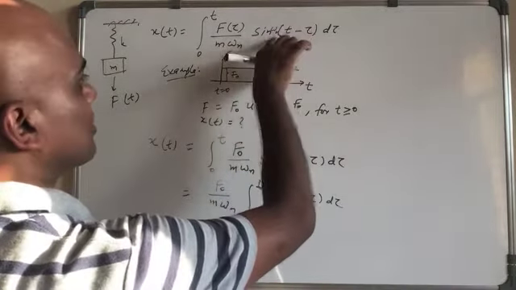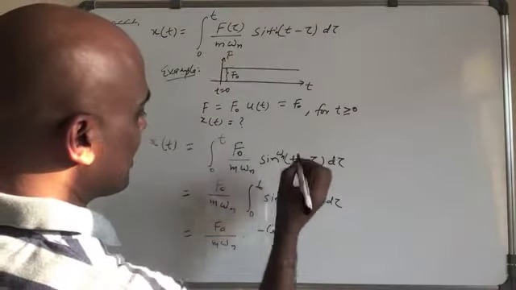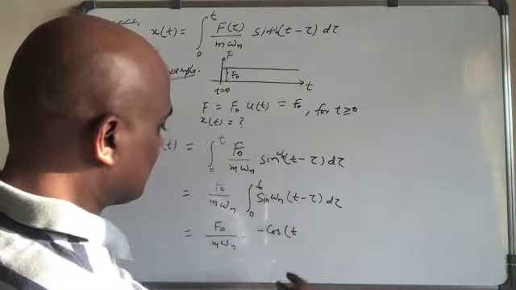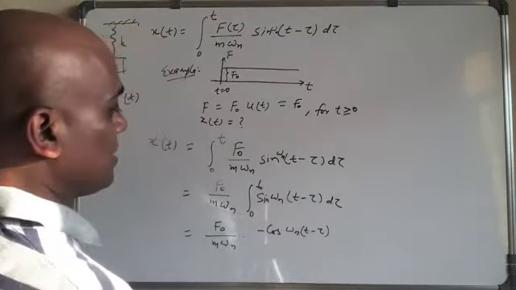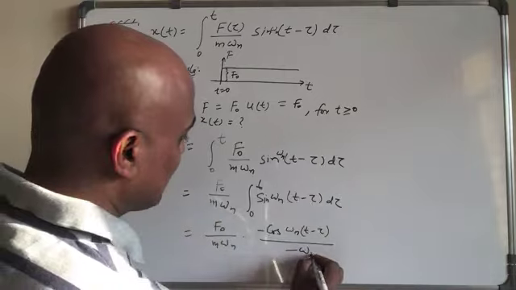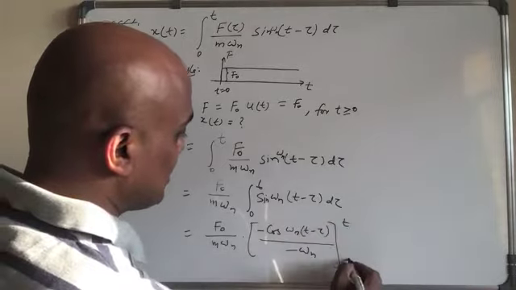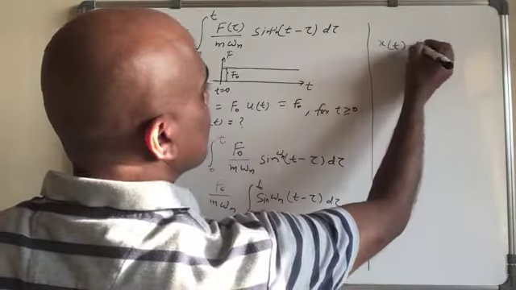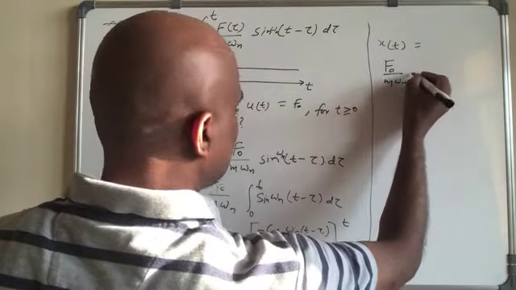So okay, these are not correct. So sine omega n times t minus tau. So omega n sine omega n. So this becomes minus cos omega n t minus tau, and divided by, so tau has minus omega term here, so we have minus omega n terms divided by that, right? And then from t to 0, and hence we get x(t) is equal to f naught divided by m omega n.